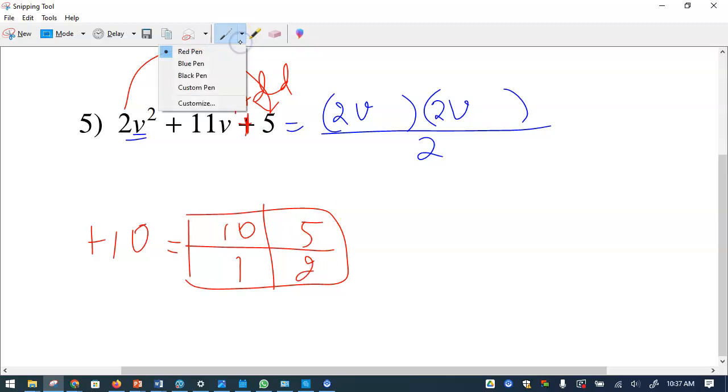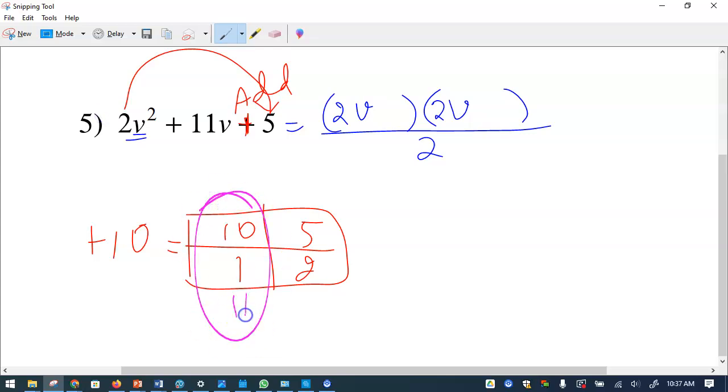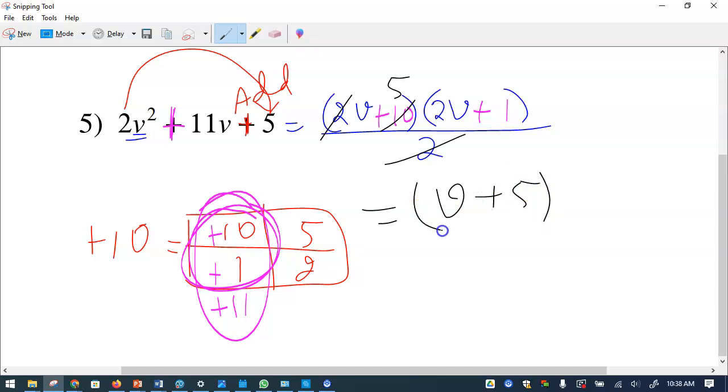And clearly you can see that these two add up to 11, right? But because there is a plus, you put plus 10 and plus 1. That way you get plus 11. So the two values are plus 10 and plus 1. Now you can cross out this to divide this one, and this to also divide this one. So all you get is v plus 5 and 2v plus 1.